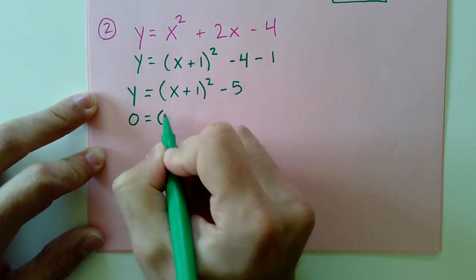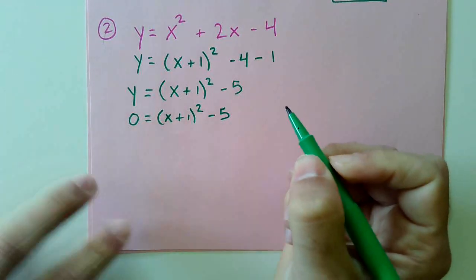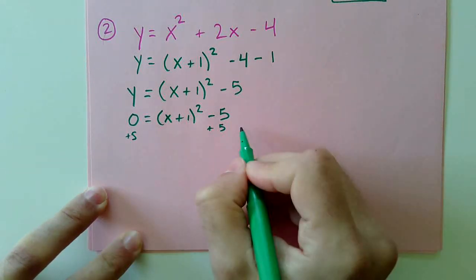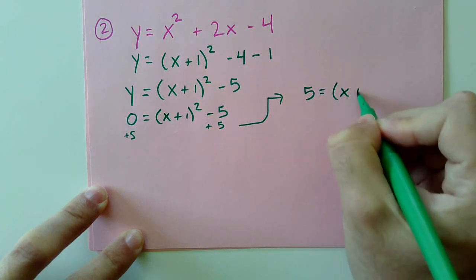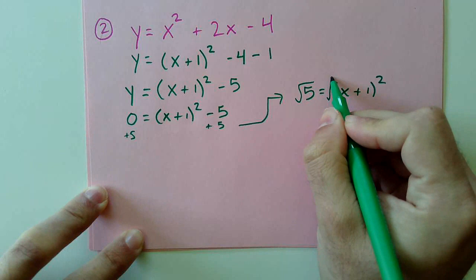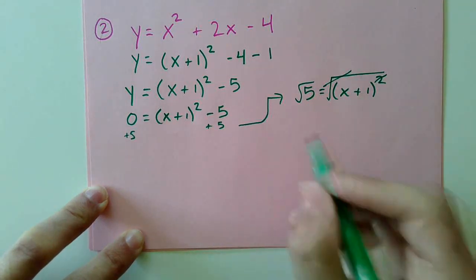Set equal to 0 and solve. Add 5. So I have 5 equals x plus 1 squared, square root. Now, not a nice perfect square, so I'm going to keep it.